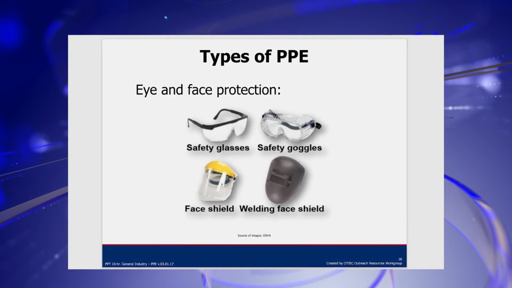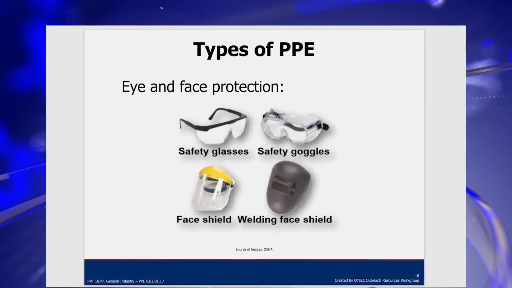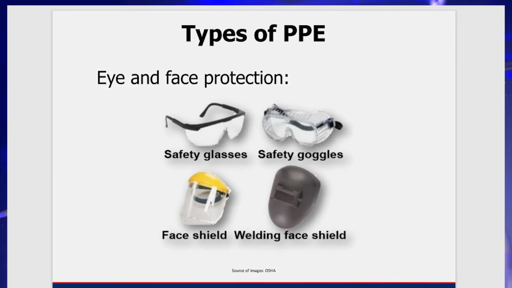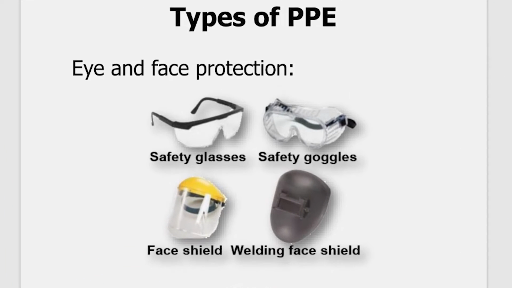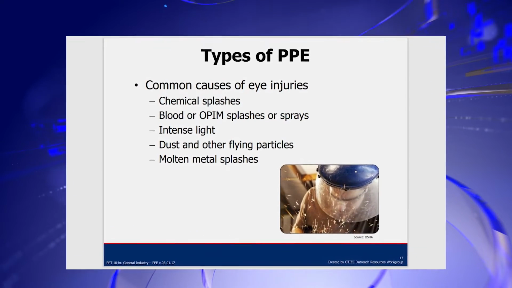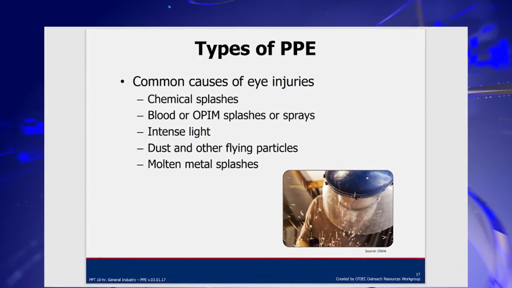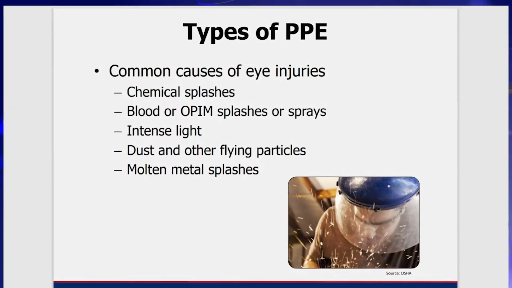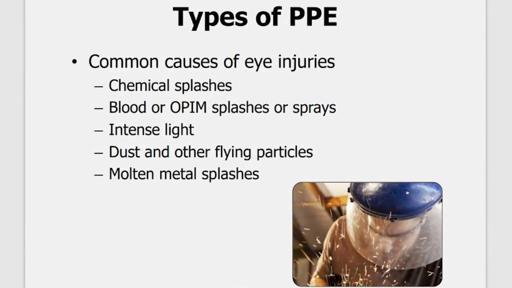Eye and face protection include safety glasses, safety goggles, face shield, and welding face shield. This equipment is used to protect workers from common causes of eye injuries, like chemical splashes, blood, OPIM splashes or spray, intense light, dust and other flying particles, molten metal splashes.